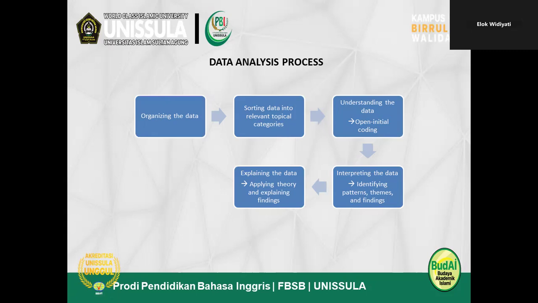The next is understanding the data. It means that you use open initial coding. Later, you have to interpret the data by identifying patterns, themes, and findings. The last is explaining the data you gathered by applying theory and explaining findings.